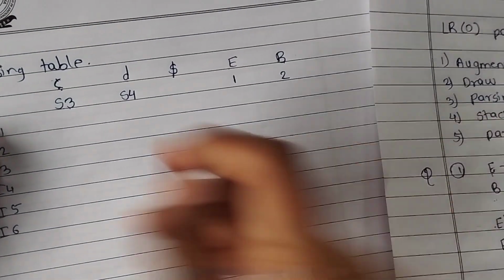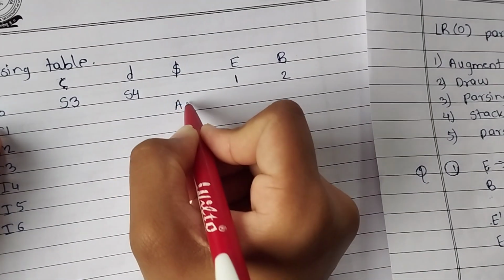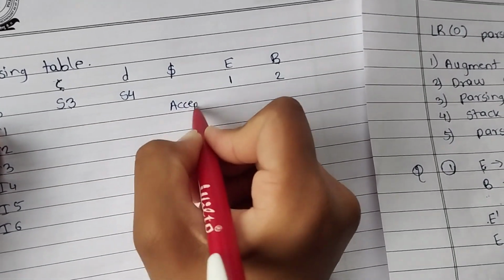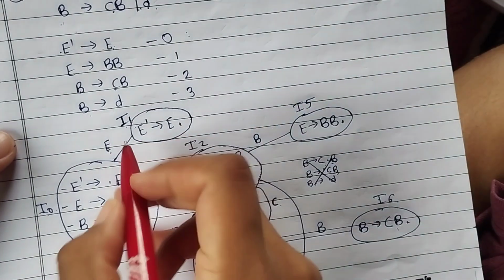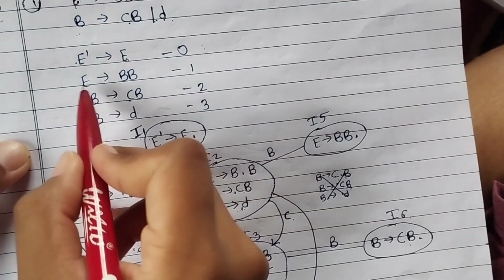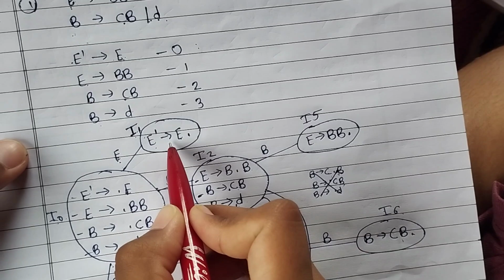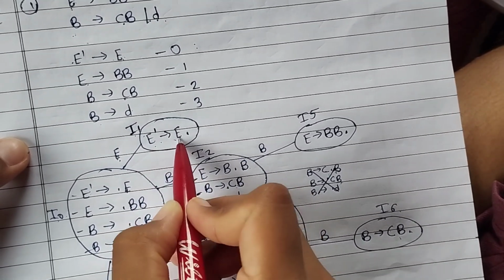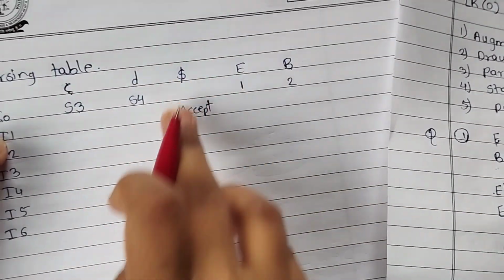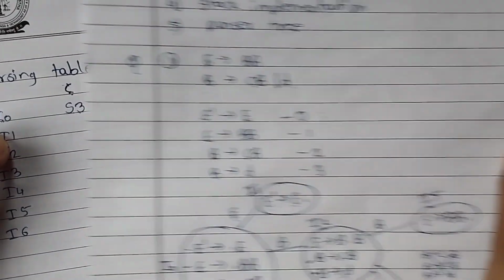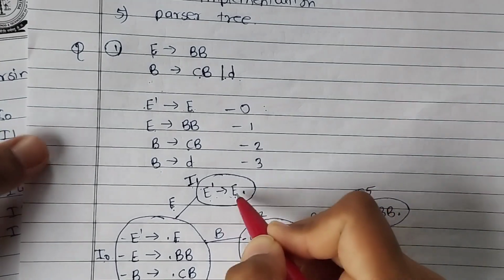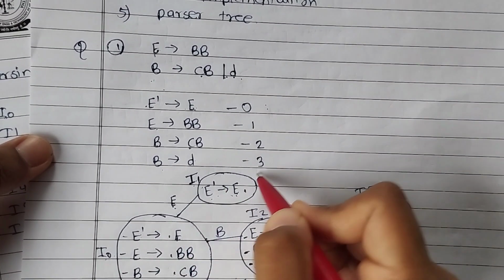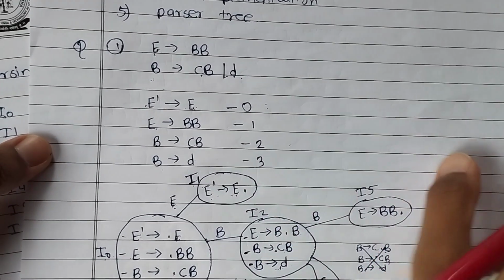So we write here I1 and dollar accept, because here we accept this string. Here this is the first state, meaning the starting symbol is accepted here. So that's why in the dollar column we write that this is the acceptance state of the starting symbol. So I1 and dollar accepted, because no symbol is outgoing from this state. Here I0 outgoing is E, B, D, but from this state we know nothing is outgoing, so we stop here.